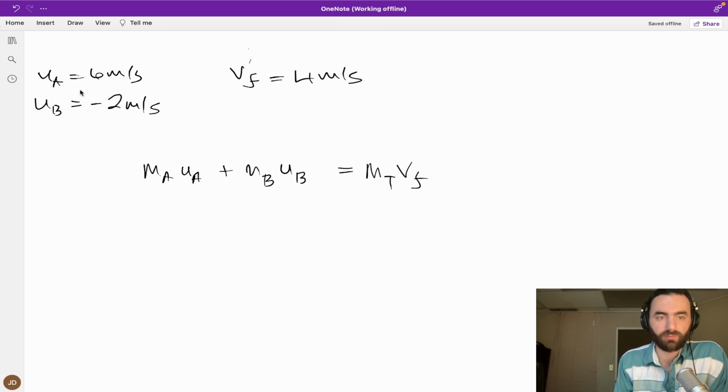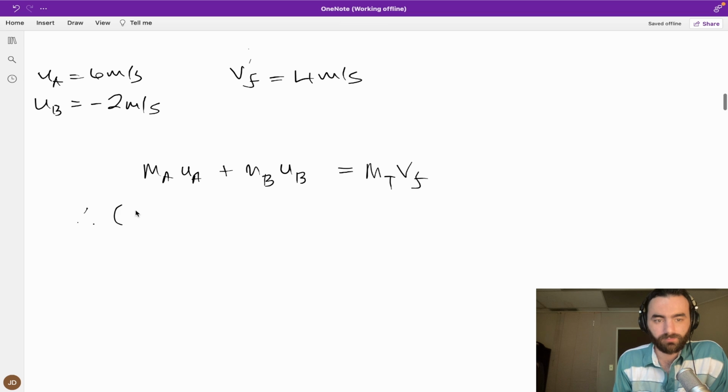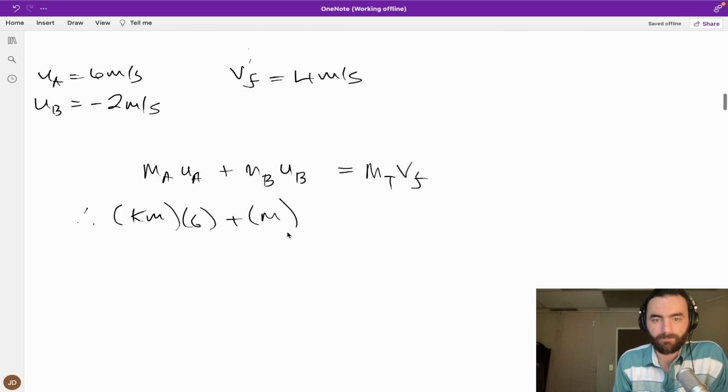Okay, so the mass of A is km, u is 6, plus the mass of B is m times -2, equals the total mass, which is the mass of A plus the mass of B, km plus m, times 4.